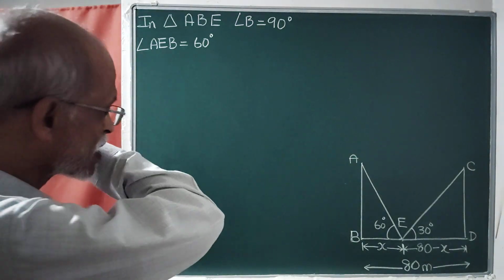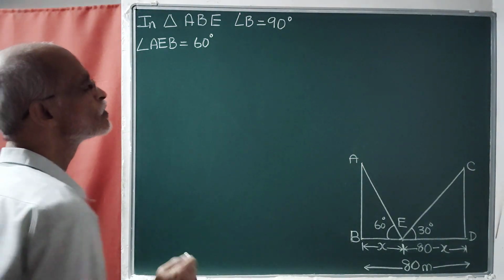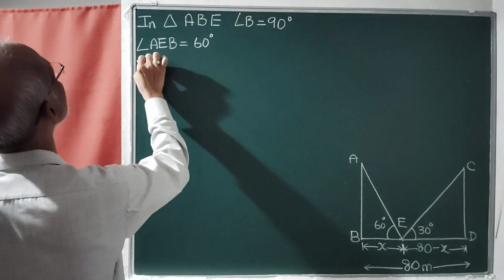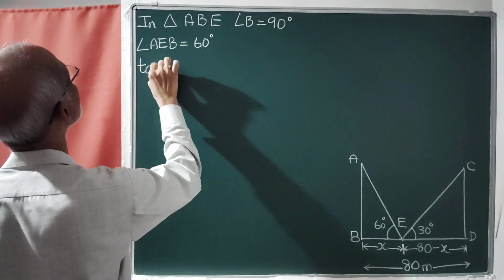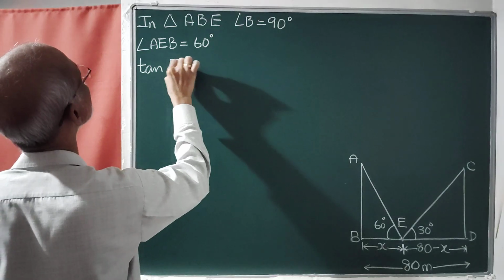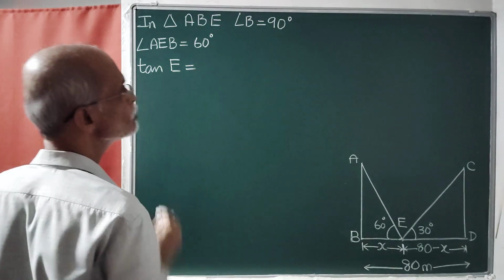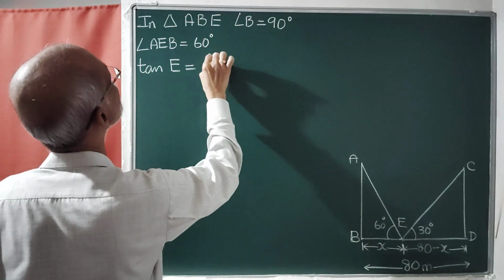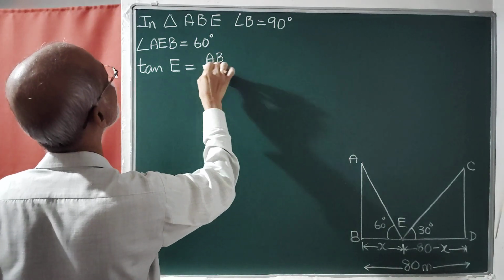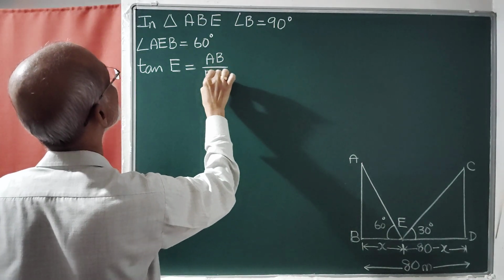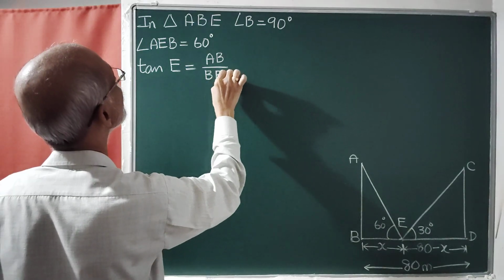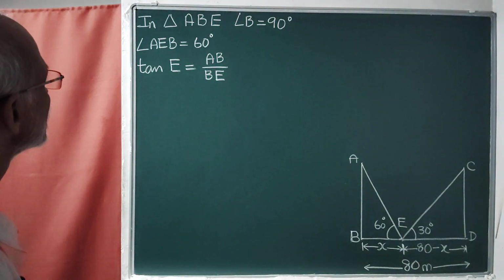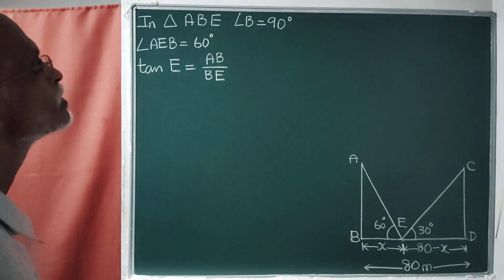Now we will take tan E, which is equal to AB by BE.